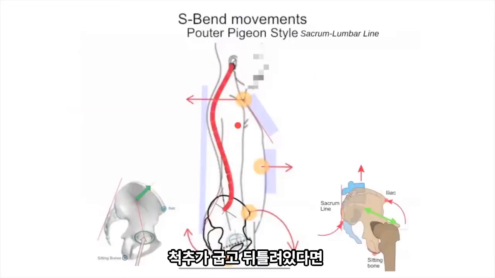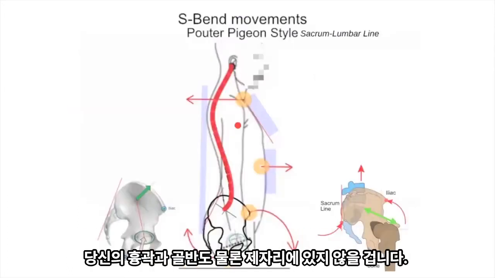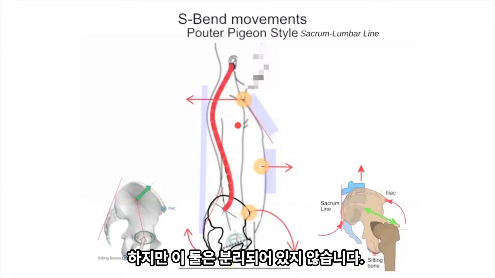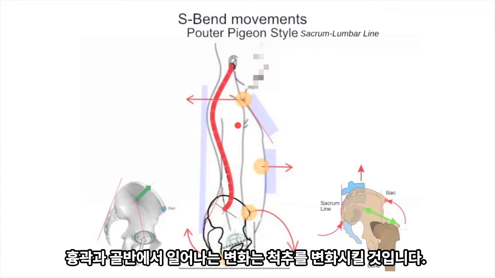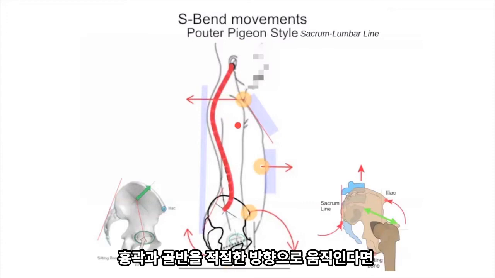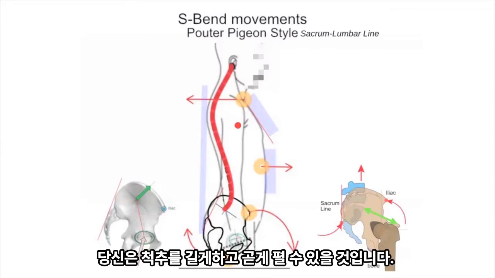If your spine is bent and contorted, your rib cage and pelvis will of course be out of place. But really, there is no separation. When you move your rib cage or pelvis out of place, it is the same act as bending your spine. Any change you make to your rib cage or pelvis will change your spine. And if you orient your rib cage and pelvis properly, you will lengthen and straighten your spine.